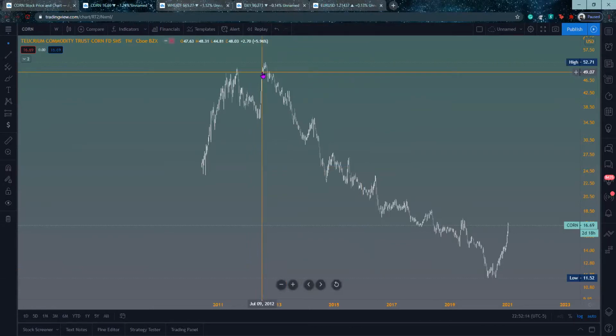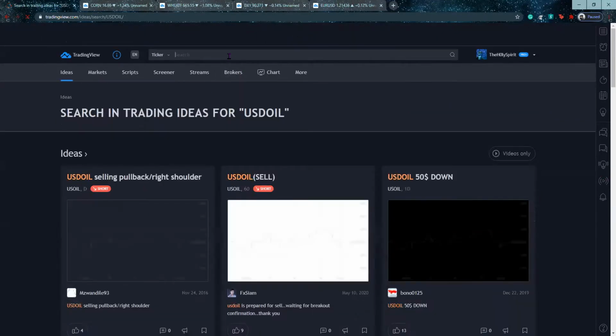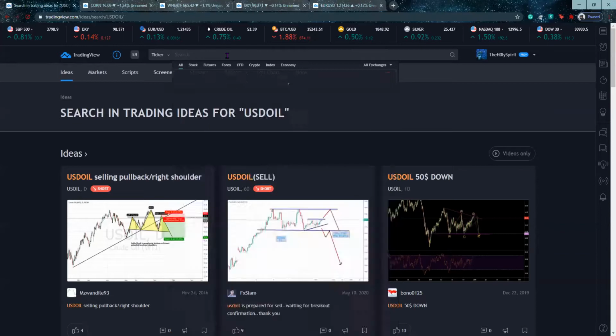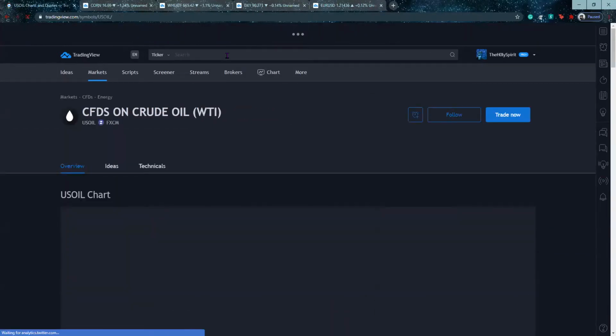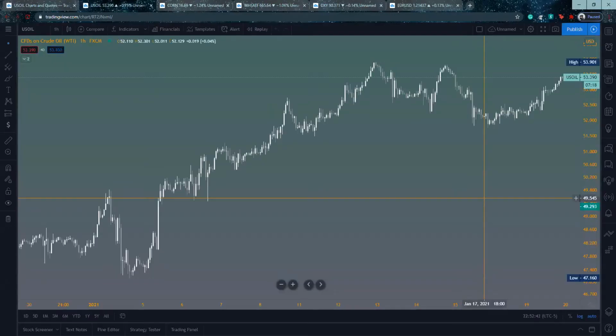But a lot of these futures have been going up, and I'm especially bullish on U.S. oil. Once this domestic lockdown is over, people are going to start using a lot of cars, and industries are going to start back up. But more than anything, the dollar is going to be valued at such a time that it is going to be worse than the 2008 recession, in my opinion.